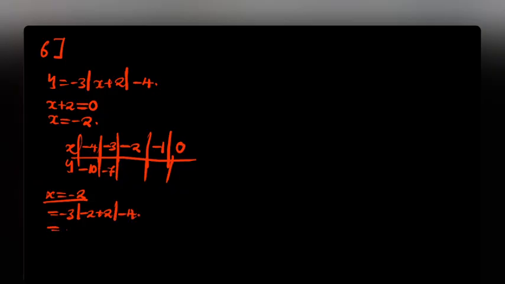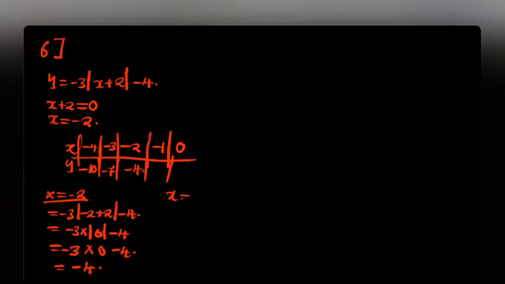Negative 2 plus 2 will give us 0, then minus 4. So this is negative 3, then the absolute value of 0 is 0, minus 4. So negative 3 times 0 gives us 0, so minus 4, we have negative 4. So here we are getting negative 4. So our vertex will be at (negative 2, negative 4).